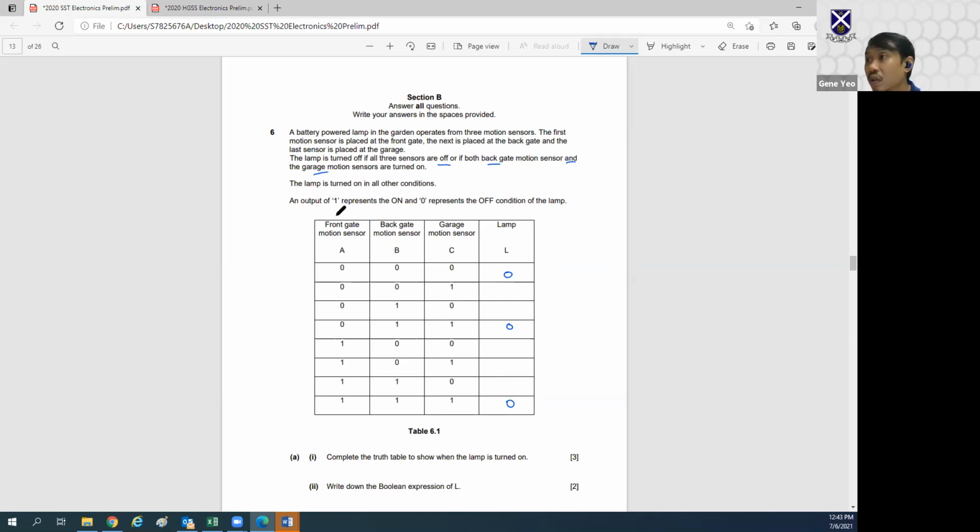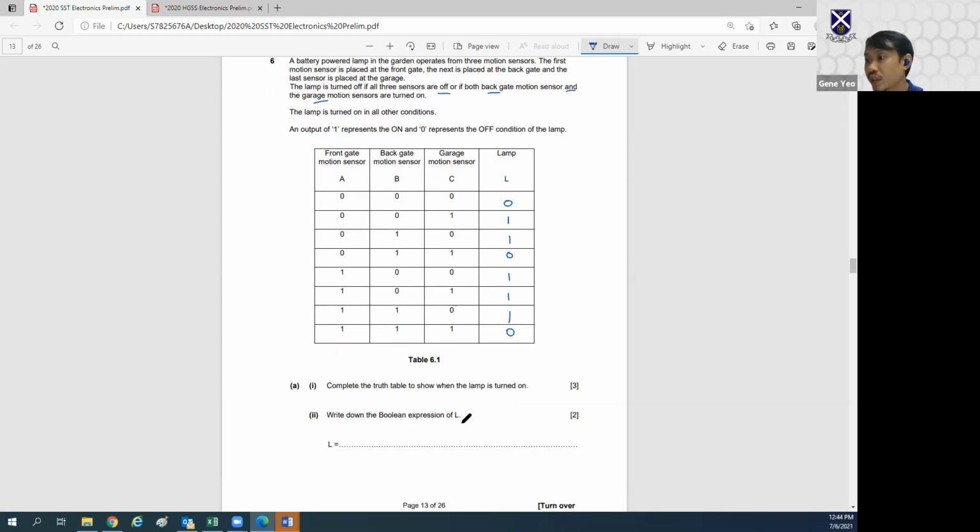The lamp is turned on in all other conditions. So I only have 3 possibilities where the lamp is off. Otherwise, the lamp is turned on over here.